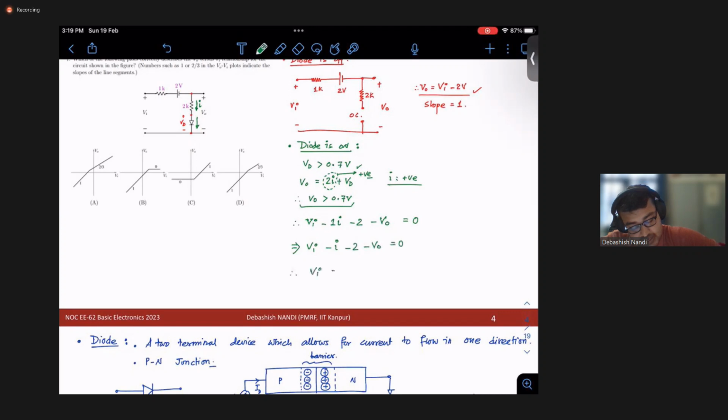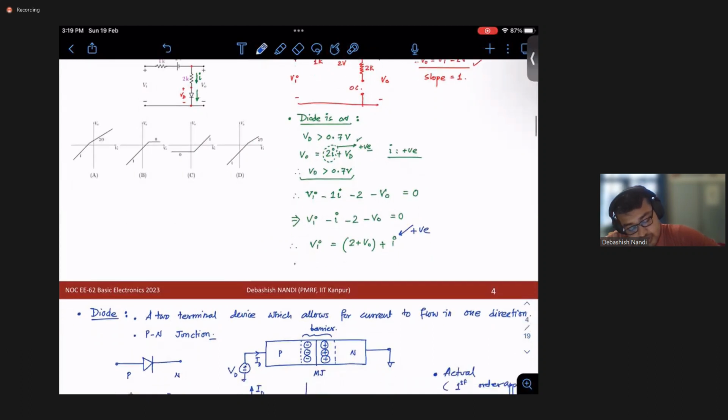That means your Vi is equal to 2 plus V naught plus I. Again, your I is positive, so your Vi should be greater than 2 plus V naught, and V naught is greater than 0.7 volt, so Vi should be greater than 2.7 volt. At least it should be more than 2.7 volt, right? Then only my diode will be in forward bias. Now let's consider the forward bias condition.